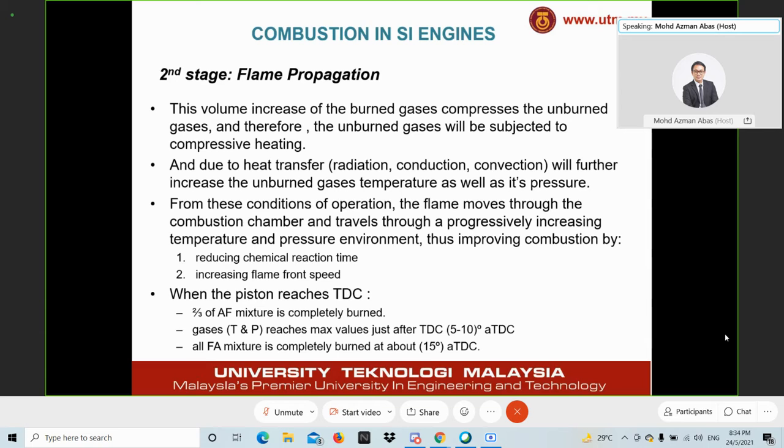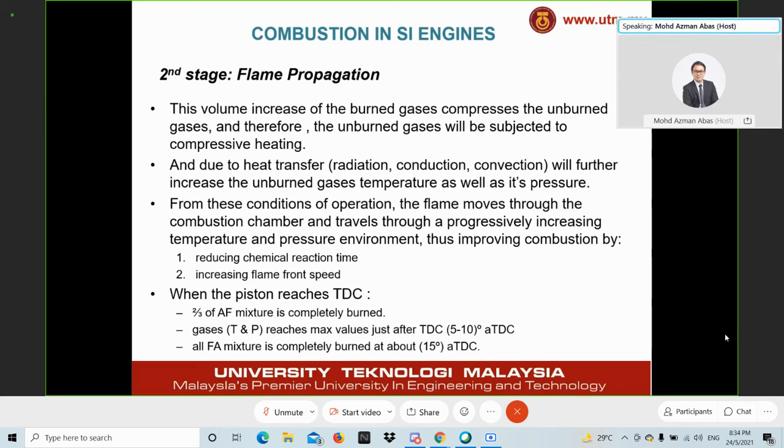So from these conditions of operation, the flame moves throughout the combustion chamber and travels progressively, increasing temperature and pressure at the same time, thus improving the combustion itself by reducing the chemical reaction time and also increasing the flame front speed. When the piston reaches TDC, 2/3 of the air fuel mixture is completely burned.